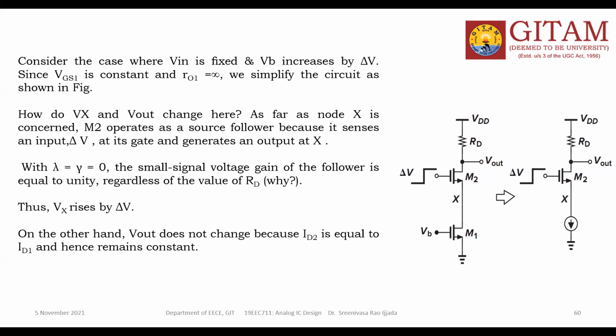One is when the M1 gate is variable and the M2 gate is fixed, then for the corresponding changes of the voltage at the M1 gate, definitely the corresponding changes will take place at the output. Whereas if the M1 gate is fixed and the M2 gate carries the change in voltage, then no changes will take place at the output voltage. That is the two things we should remember.